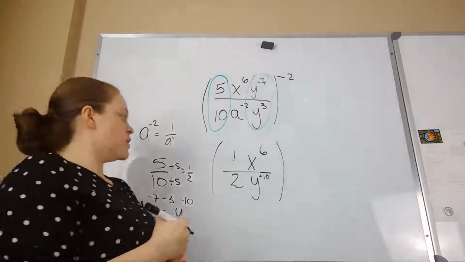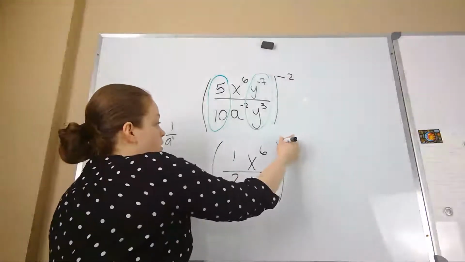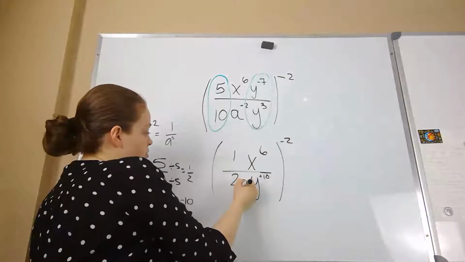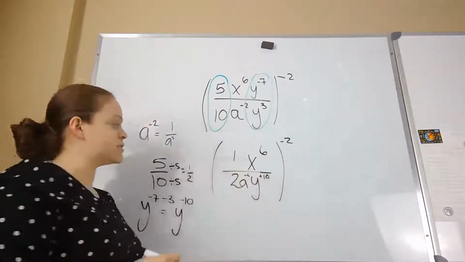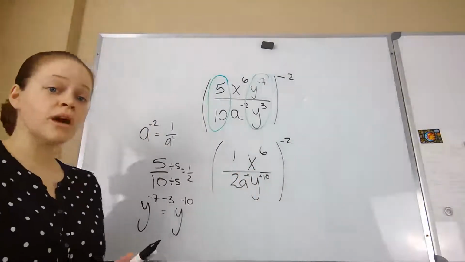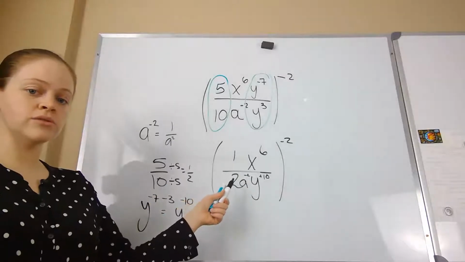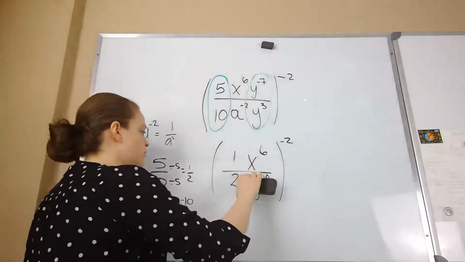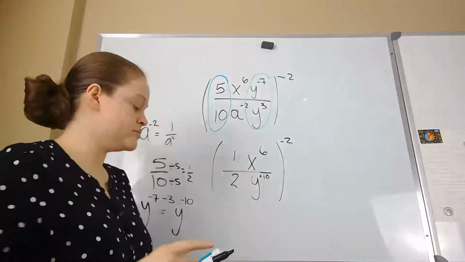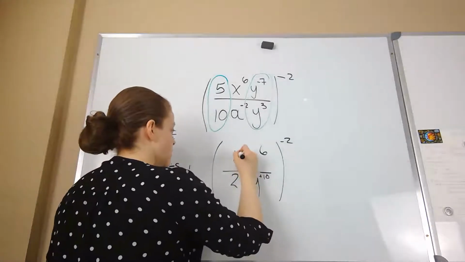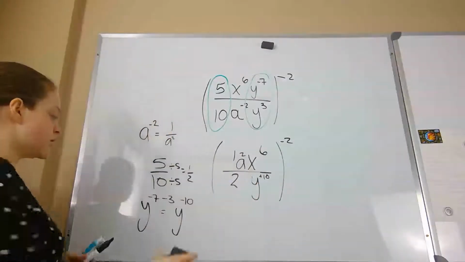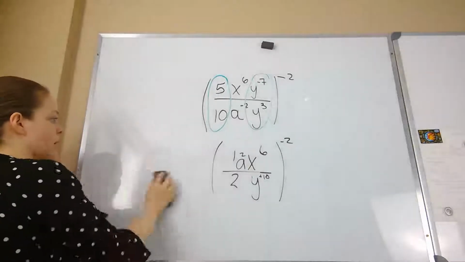Good. So then we didn't deal with the negative 2 on the outside, and also don't forget to put your a to the negative 2 in here as well. Because it is a negative 2 for the a, we can actually move that guy to the top. And so this is kind of a cleaned up version of the inside.